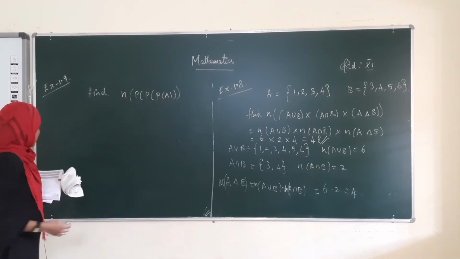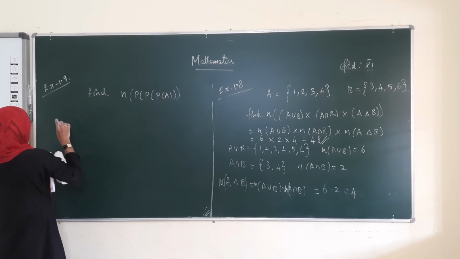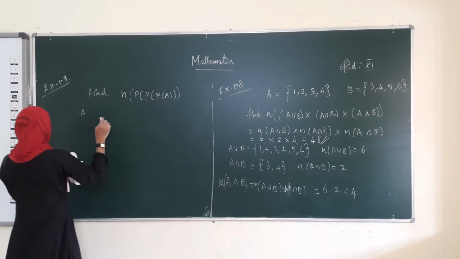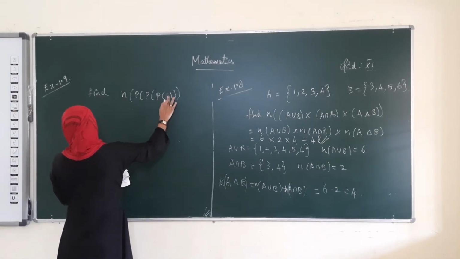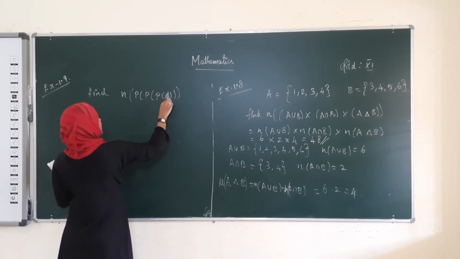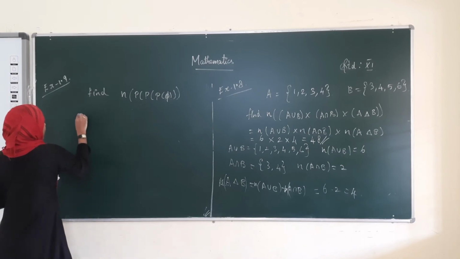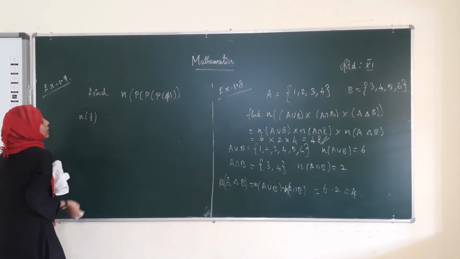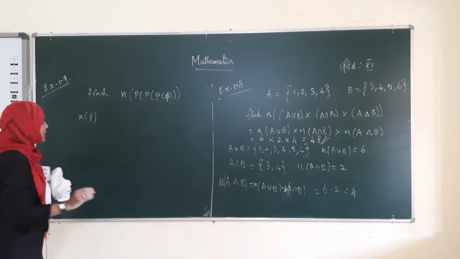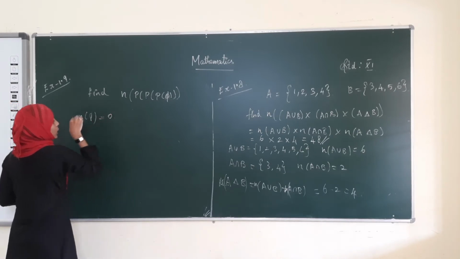Okay, what have they given? They have given us a set, not A, sorry, this is the empty set. N of the empty set, the number of elements in the empty set, is 0.